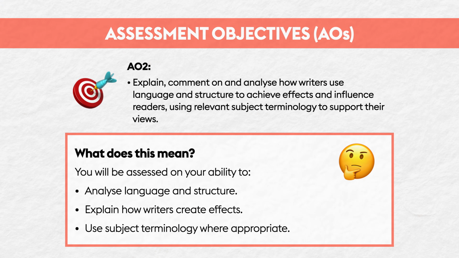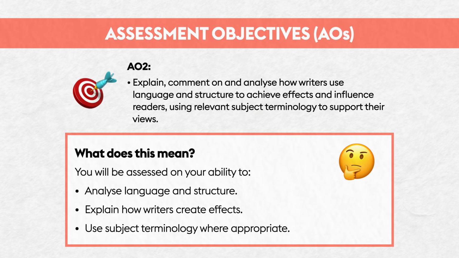AO2 is about explaining, commenting on, and analysing how writers use language and structure to achieve effects and influence readers. This means looking closely at the writer's choices. For language, you might analyse words, phrases, imagery, sentence forms, or language techniques. For structure, you might analyse how the text begins, how the focus shifts, how tension builds, or how the ending creates an effect.